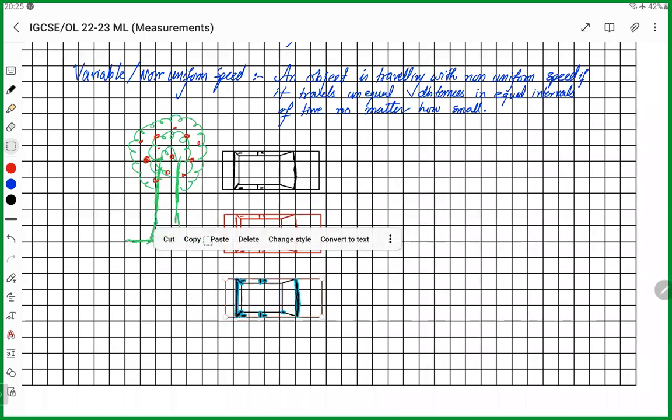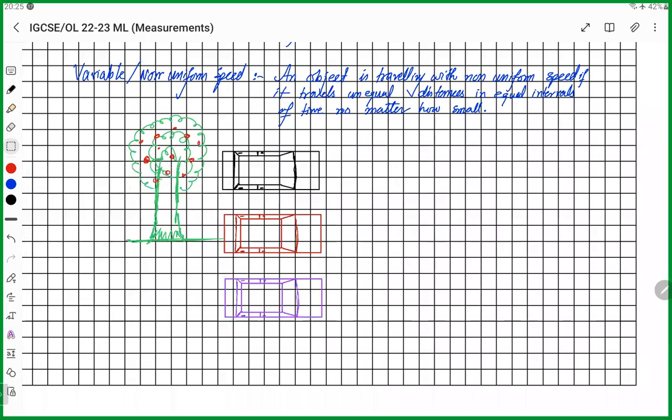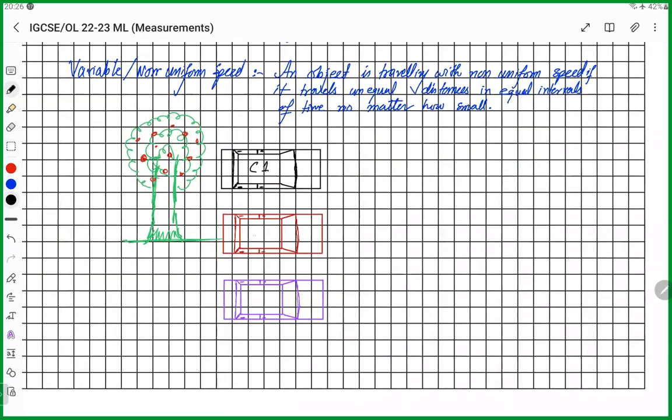These are three cars: car 1, car 2, and car 3.